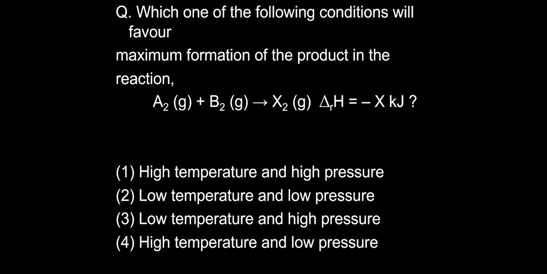So if it is at low temperature, then either option 2 is correct or option 3 is correct. Now the question is whether low pressure or high pressure. Again, a very important point: if you look at the number of moles which are reacting, you have one mole of A2 and one mole of B2. Total 2 moles are reacting to give you one mole of X2.